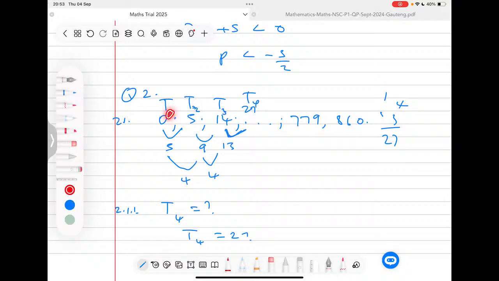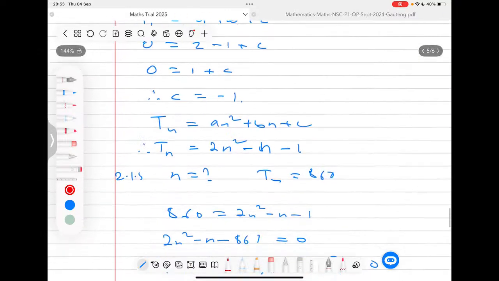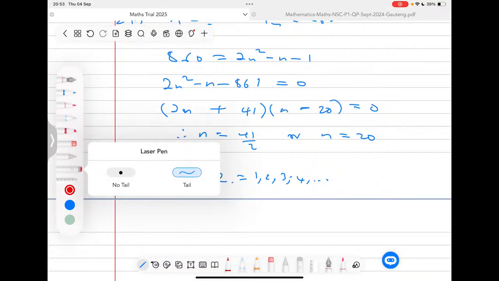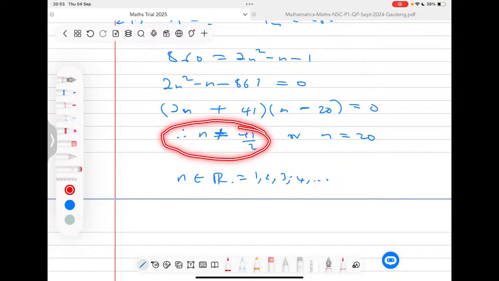So this number n is allowed to be only such numbers. By default, if I start having a number that looks like this, I have to reject that number. N should not be equal to this number. This is a very important thing for you to do, because if you leave this with an equal sign, you are going to lose marks here. So you have to tell us that this is not a solution.